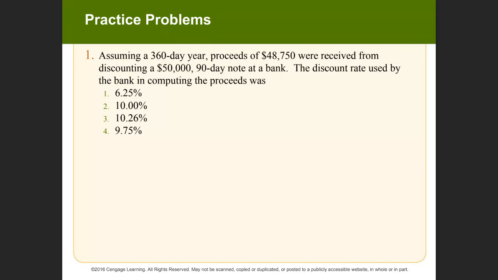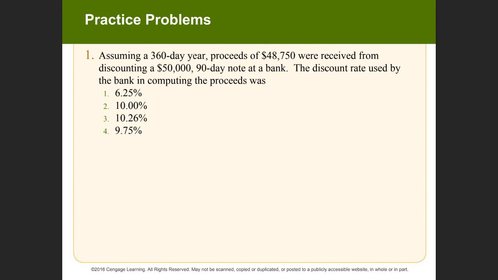All right. So for this next one, assume a 360-day year. The proceeds are 48,750, which were received from discounting a $50,000 note, and it was a 90-day note.